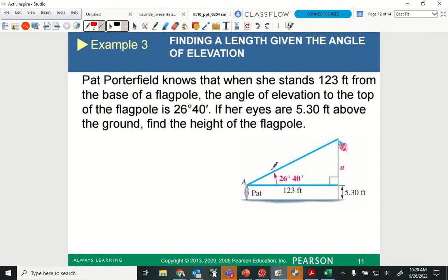So first thing I got to do is find A. If 26 40 is my reference angle, little a would be what side? Opposite, very good. And over here, the 123 is adjacent, very good. So I have opposite and adjacent. So the phrase that pays, which one is this?